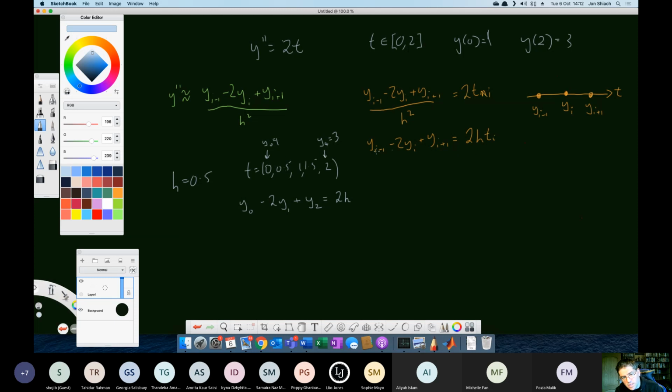That's t_i, so that would be t1, so that'll be 0.5, but I'll just put t1 for now. So that's when i equals 1. And when i equals 2, y1 minus 2y2 plus y3. So you can see all I've done is added 1 to those subscripts. And when i is 3, we have y2 minus 2y3 plus y4.